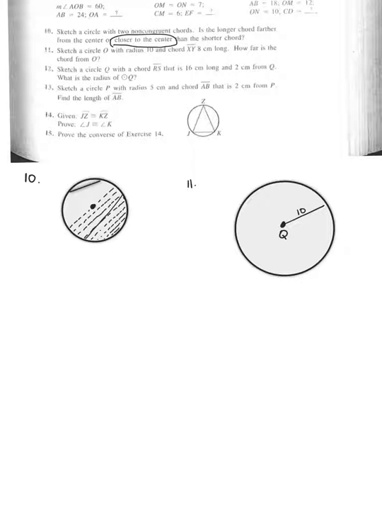How far is the chord from... Oh, okay. I read that wrong. It is not circle Q, it's circle O. My bad. Easily fixed. Circle O. Okay. So we're going to put a chord in here, an XY chord, and that's 8 centimeters long. How far is the chord from the center of the circle?